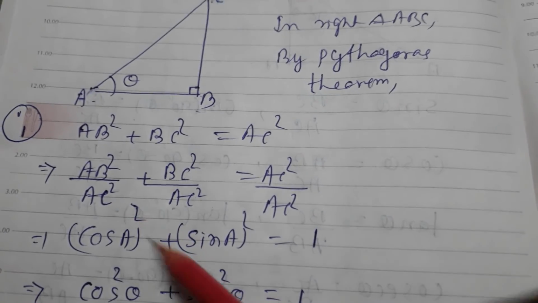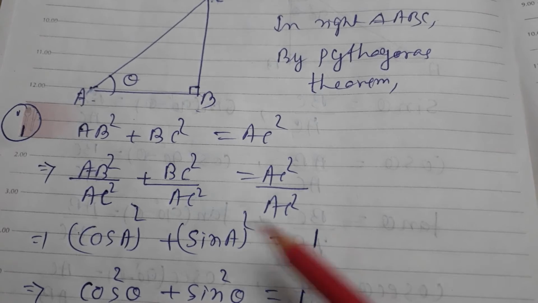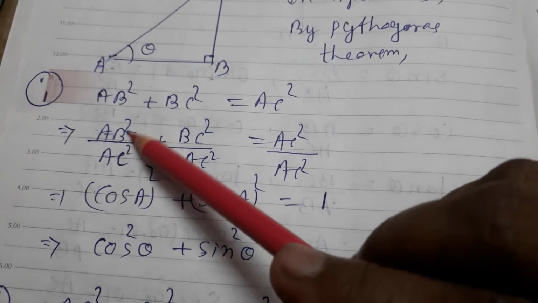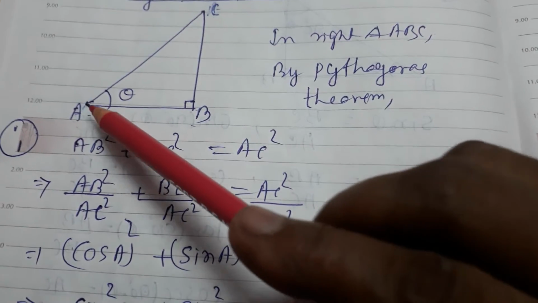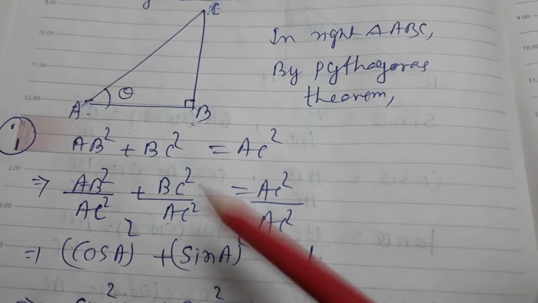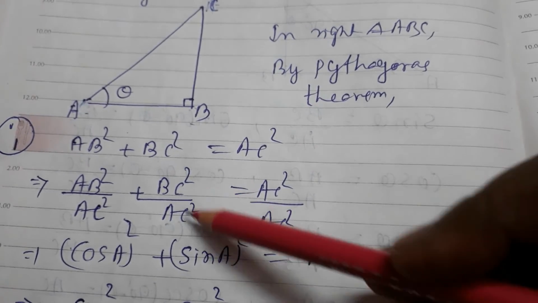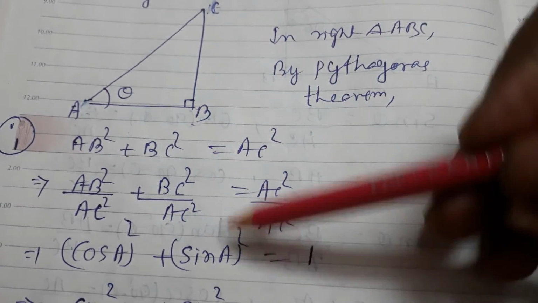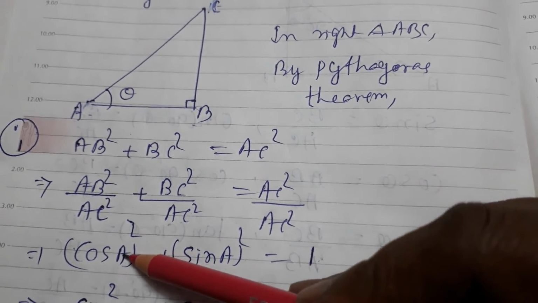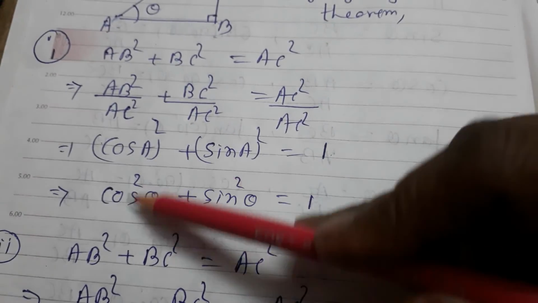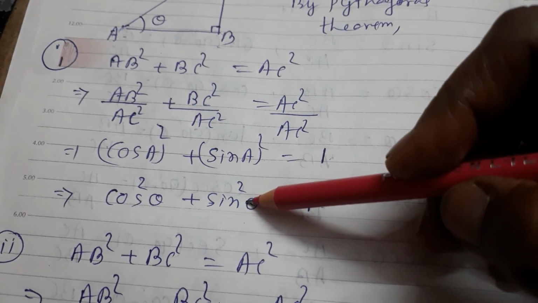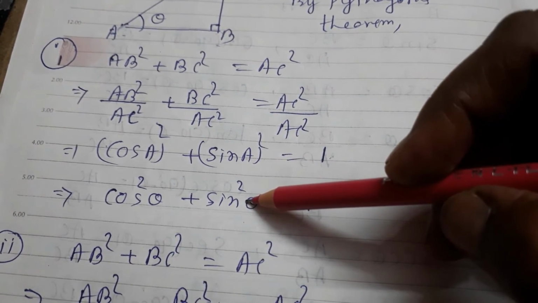Now dividing both sides by AC square, all the terms are divided by AC square. So AB square by AC square, by the figure, equals cos A square. BC square by AC square equals sin A square, and this is 1. I have assumed the angle A as theta. So cos square theta plus sin square theta equals 1. This is one of the identities.